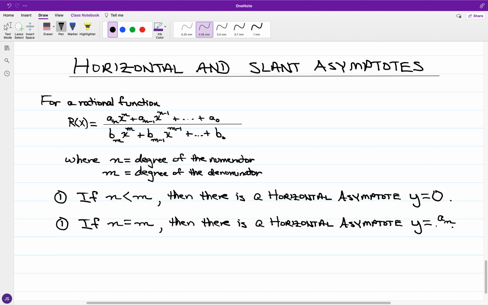So we just have a of n over b of n. So you got less than m, then you have equal to m. Now, if I have that n is greater than m by 1 degree, instead of a horizontal asymptote, there's going to be a slant asymptote. Another term for that is oblique asymptote.